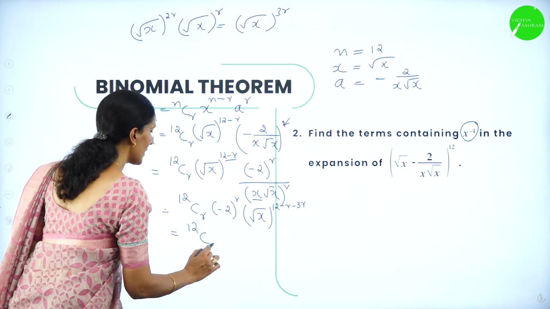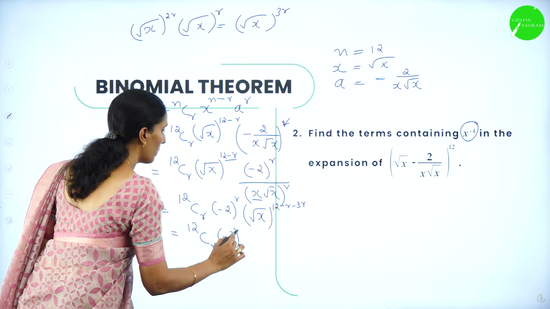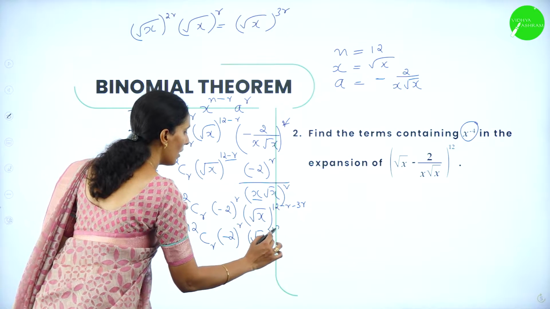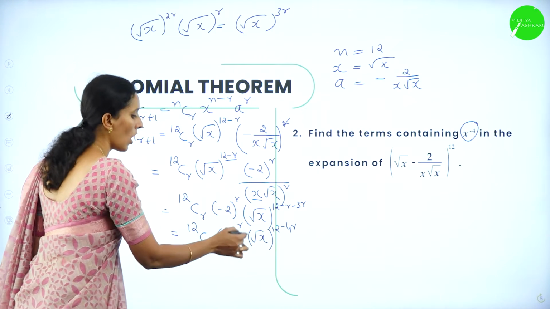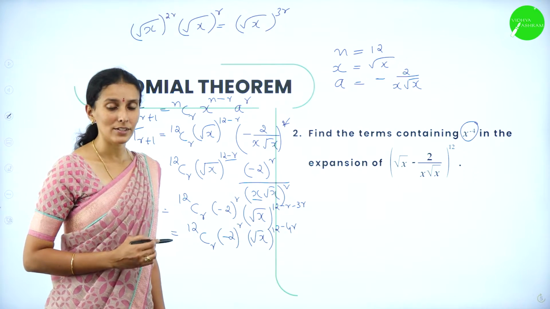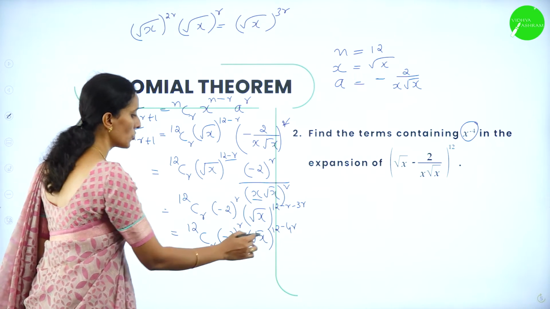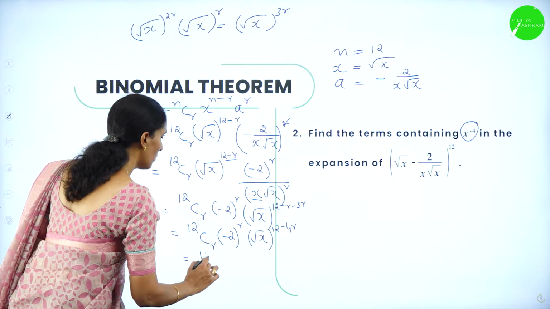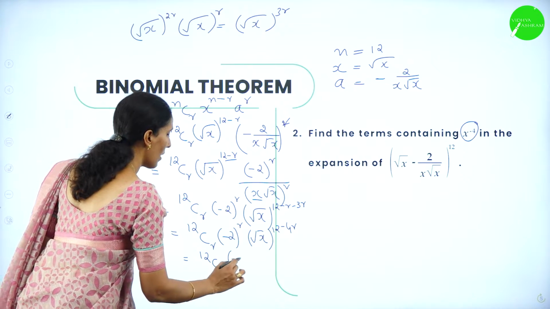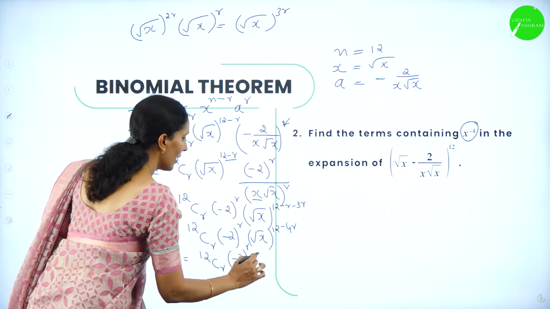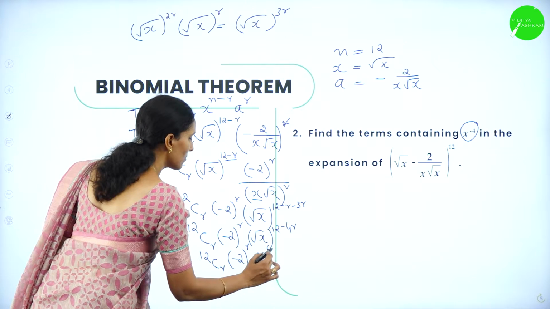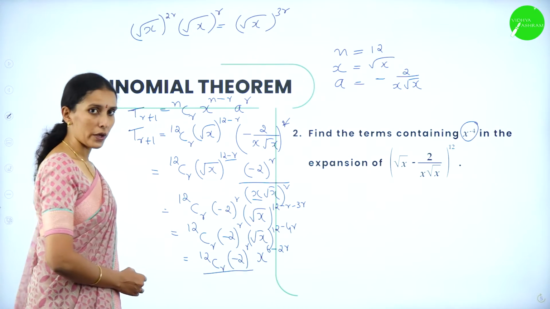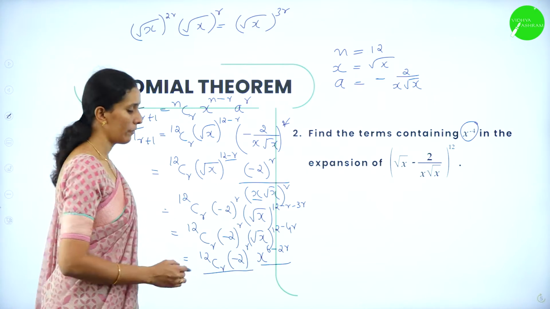This is 12cr, minus 2 whole power r, root x whole to the power 12 minus 4r. So how can root x be written in the index form? As x power 1 by 2. So when you divide the power by 2, this is equal to 12cr, minus 2 whole power r, x to the power 6 minus 2r. So now this is the numerical coefficient, and this is the variable.